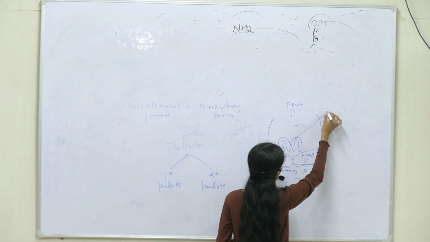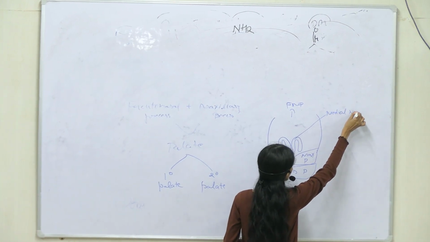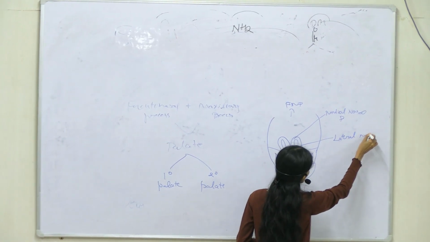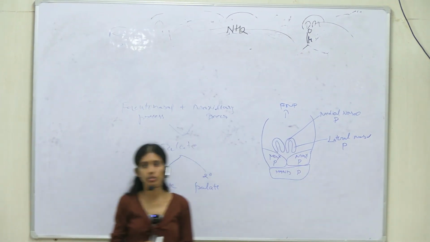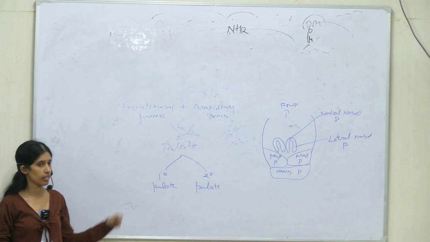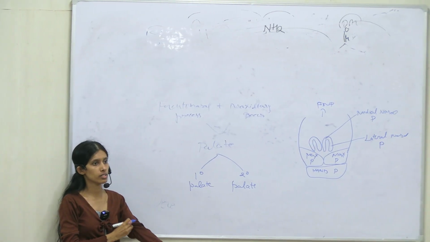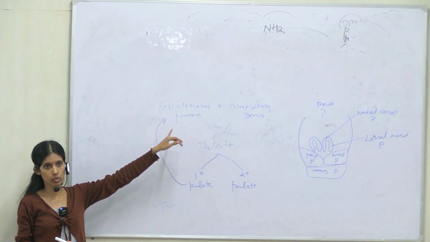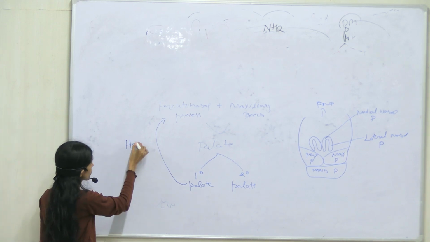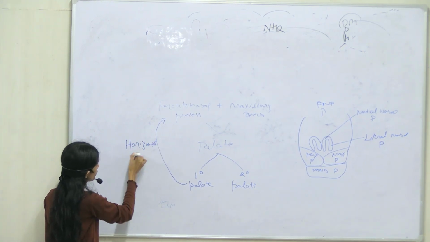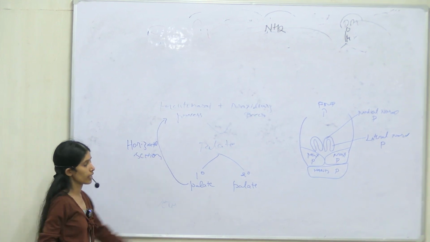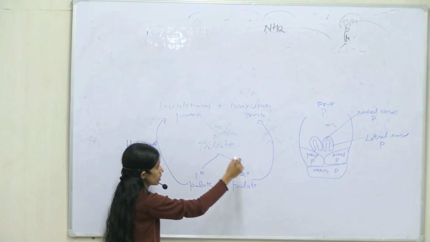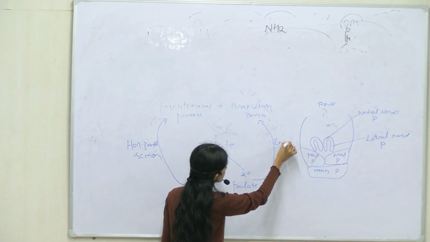So, this is your medial nasal process, whereas this one is your lateral nasal process. To know how the primary and secondary palate develops, we have to do the section study. So, the primary palate develops from your frontonasal process. For that, we have to take the horizontal section, okay, and your secondary palate develops from your maxillary process. For this, we have to take longitudinal section.